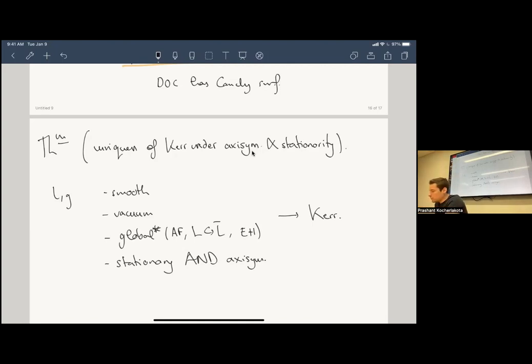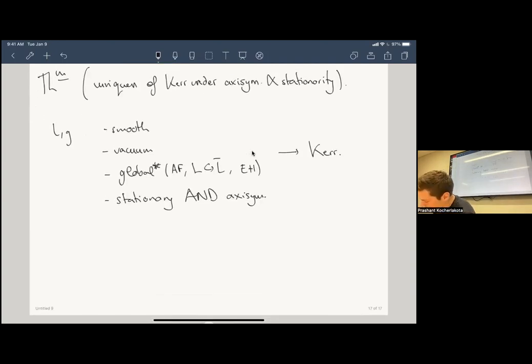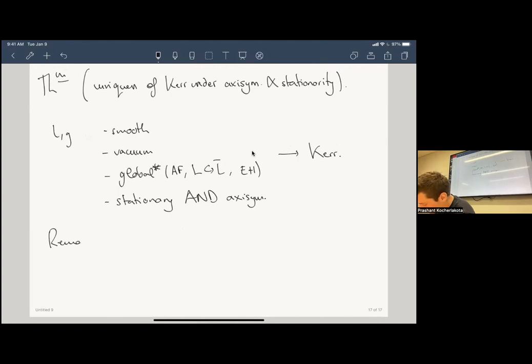The way the proof works, and these are remarks on the proof, is that first you show that the global assumptions plus vacuum and smooth imply very nice properties.